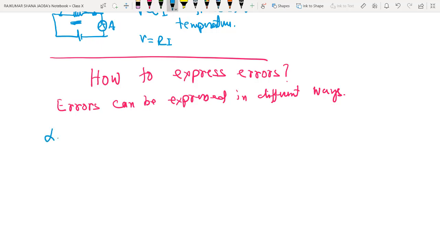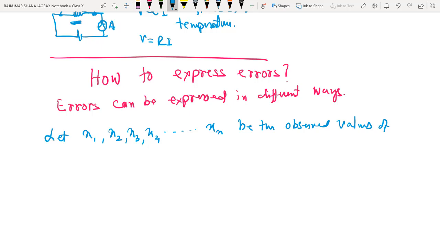Let x1, x2, x3, x4 up to xn be the observed values of a physical quantity.